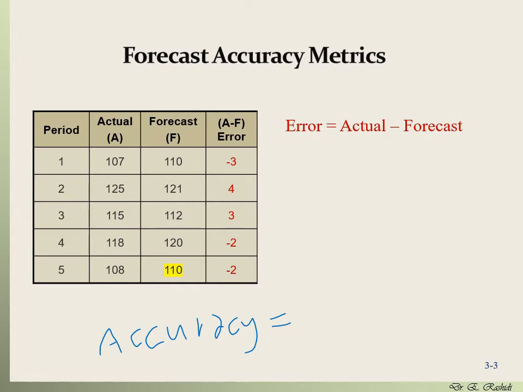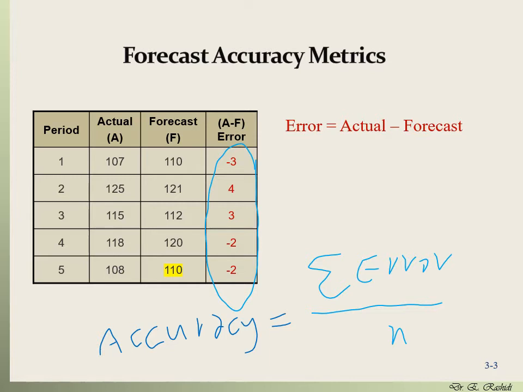So this means that what we need to do is compute the average. So accuracy is equal to the summation of errors divided by the number of periods here. So we have to find the average of this. That's -3 plus 4 plus 3 minus 2 minus 2.